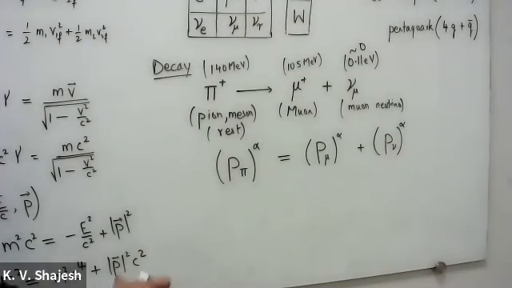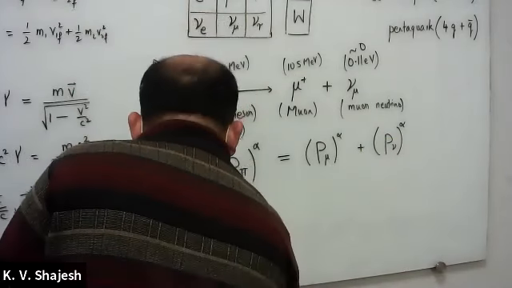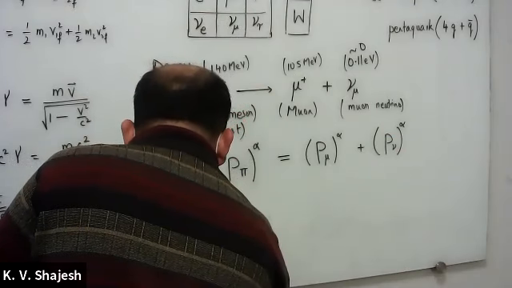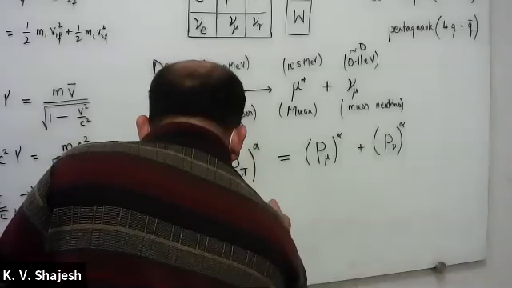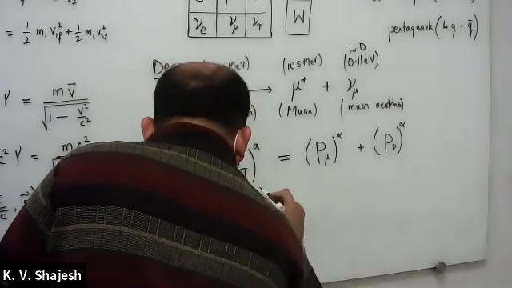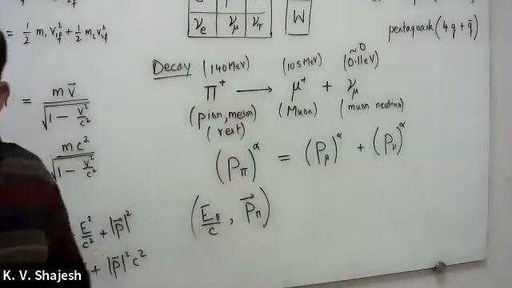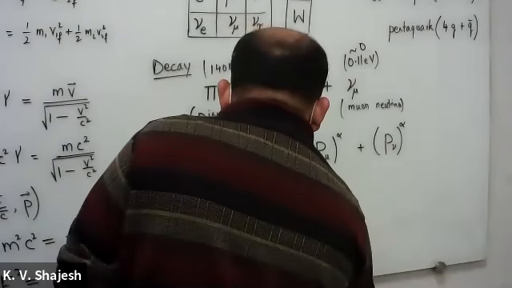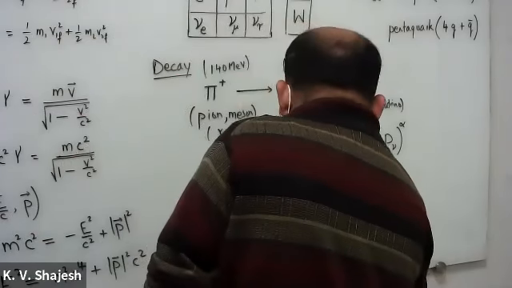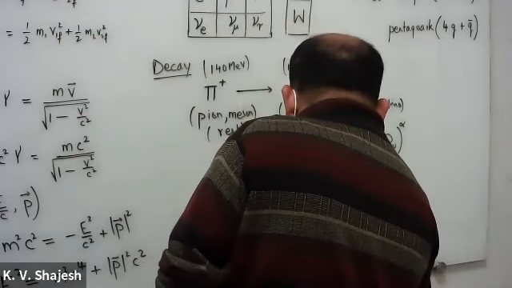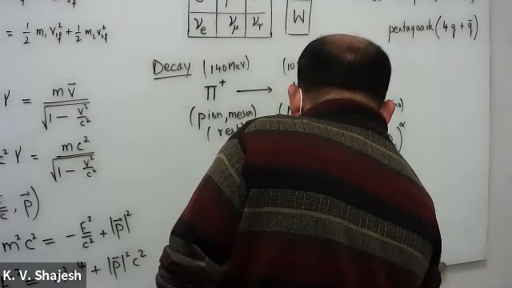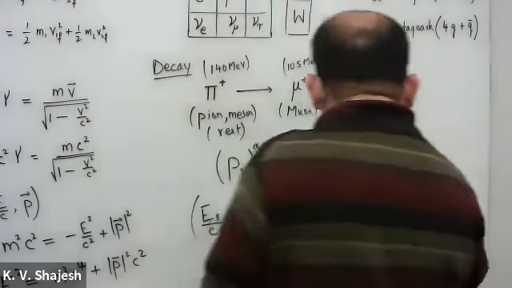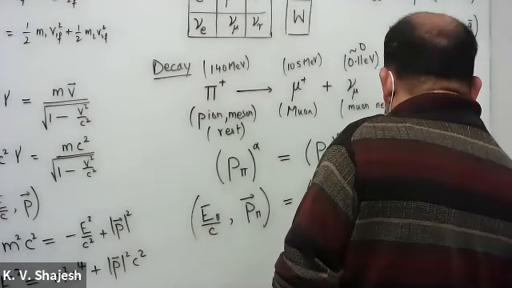What that means is that there is an energy and momentum associated with it. So energy of pi over c times momentum of pi. That's your 4 vector there, right? That's your energy, that's your momentum, is equal to energy of the muon divided by c times the momentum of muon as a vector, plus, right?